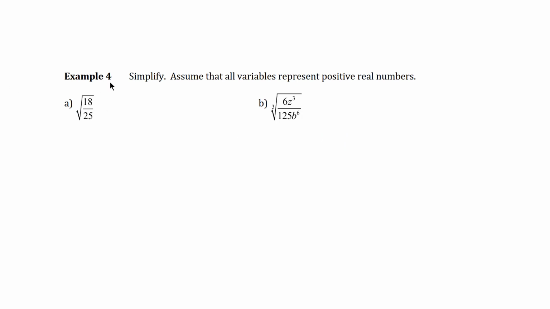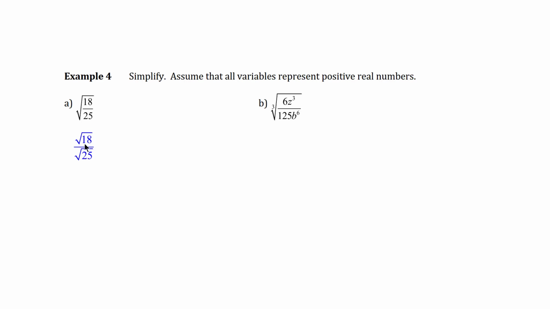In example number 4, simplify. Assume that all variables represent positive real numbers. For part A, we have the square root of 18 over 25. The first step here to simplify is to use the quotient rule to break apart this radical into two separate radicals. We get the square root of 18 over the square root of 25.